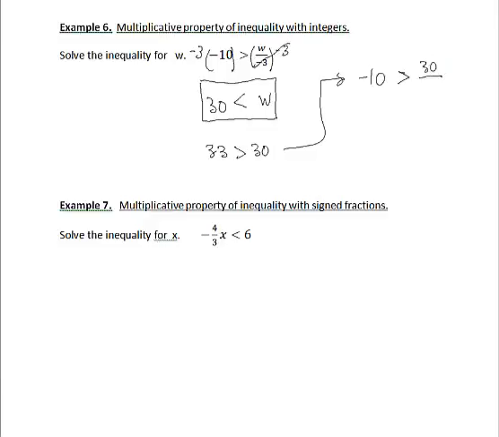Hold on, I wanted to put 33 there. Go back and remove that. 33 over a -3. Okay, is this true? It should be. Well, -10 is greater than, and 33 divided by -3 is a -11.